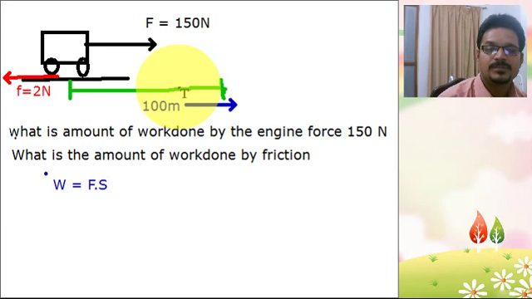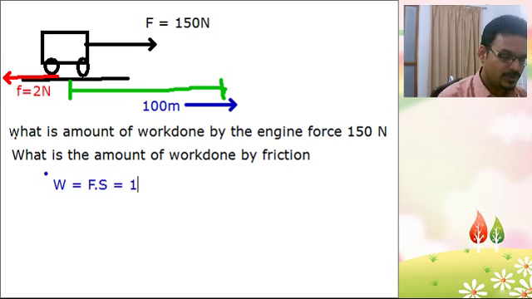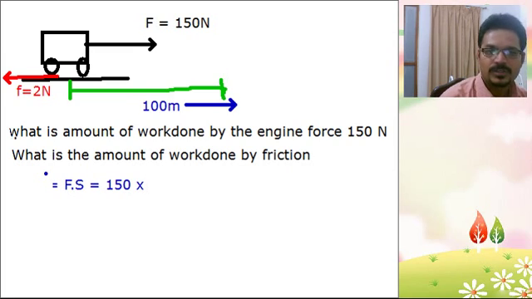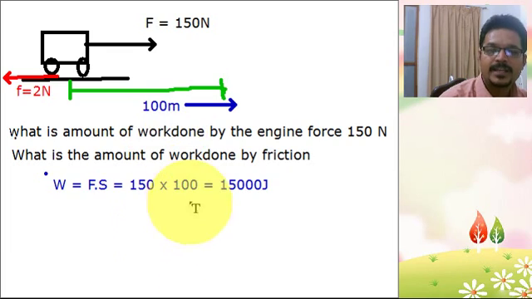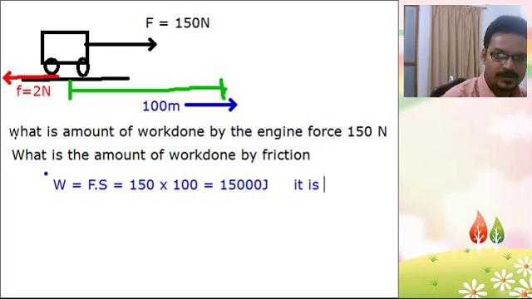The angle between them is 0, and it is maximum work done, and W equals Fs. So that's why I have taken this formula. Now W equals Fs equals, what is the force? 150 into displacement, 100 meters. So the answer is 15,000 joules, and it is positive work.